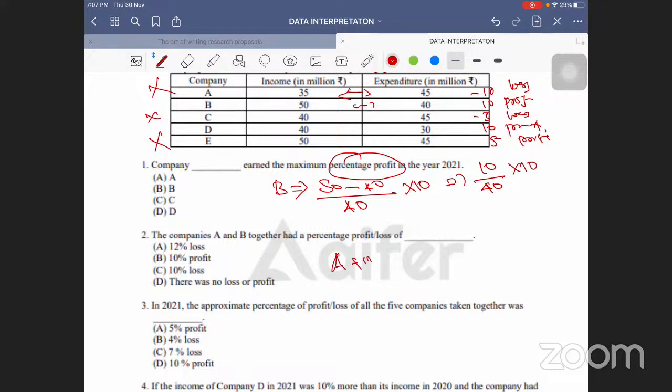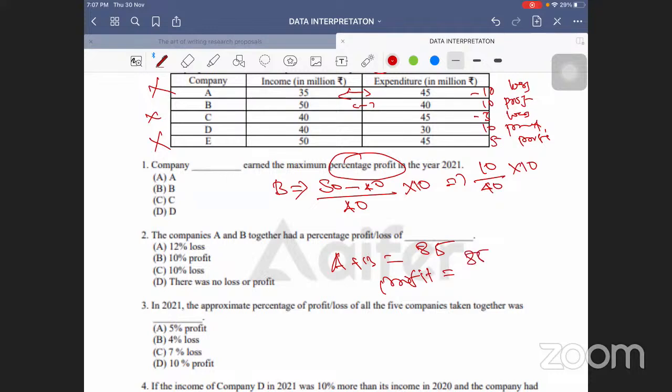So A plus B, their income is 35 and 50, 85. The formula is income minus expenditure divided by expenditure.